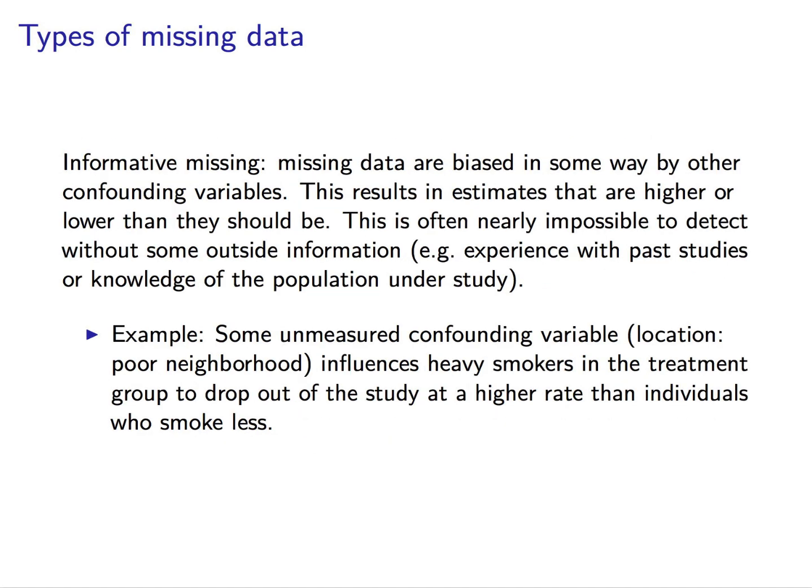Another example is that some unmeasured confounding variable like location, perhaps the country that we're sampling from has systemic poverty. This location influences heavy smokers in the treatment group to drop out of the study at a higher rate than individuals from more affluent regions who tend to smoke less. This could cause all sorts of problems in our analysis, and biases could creep in.